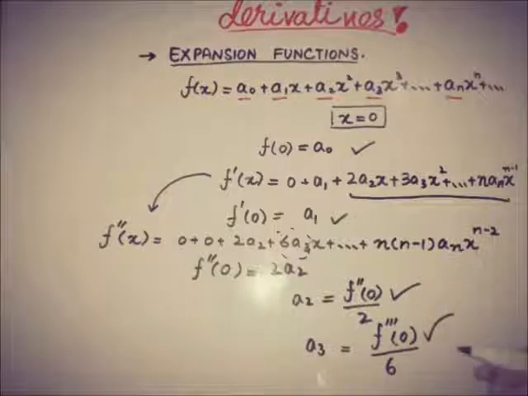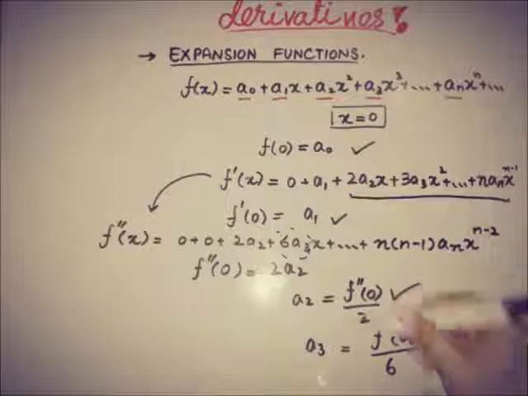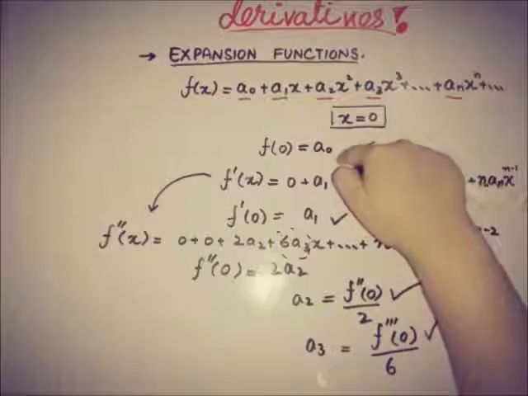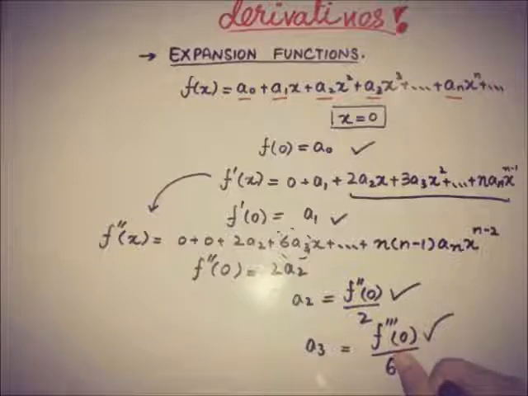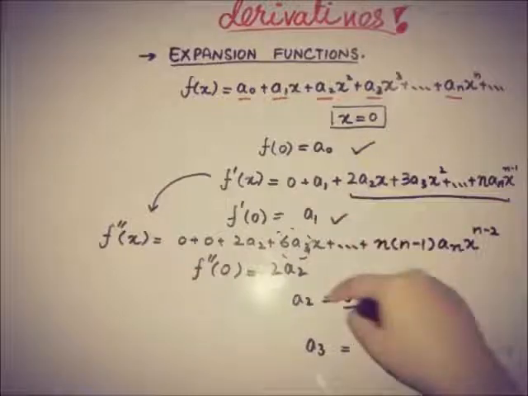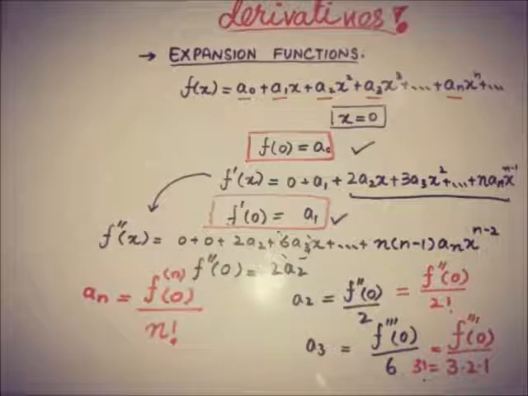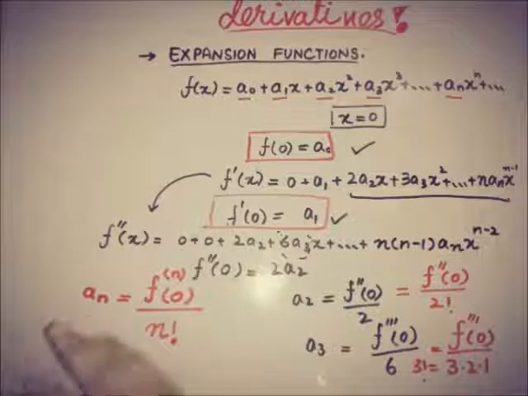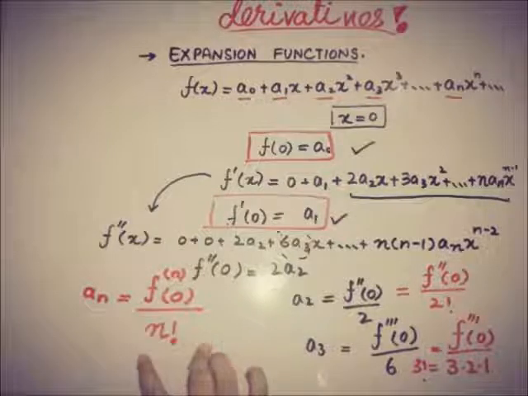From all these values of a0, a1, a2 and a3, we can write the nth coefficient: the nth coefficient is the nth derivative at 0 divided by n factorial.